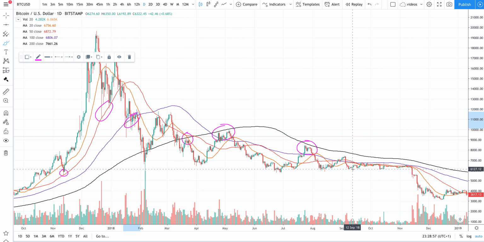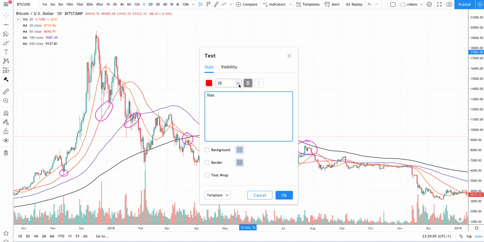Okay, so you should have understood also the concept of support and resistance.